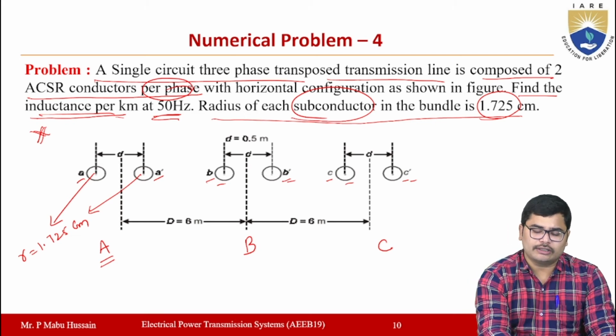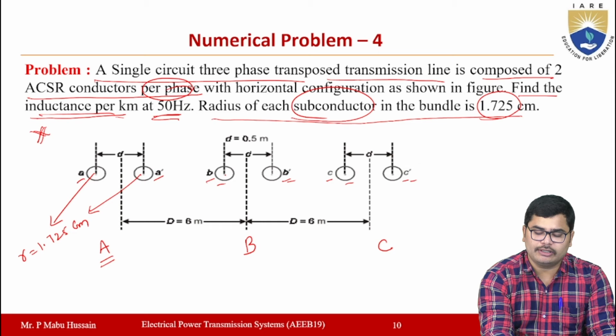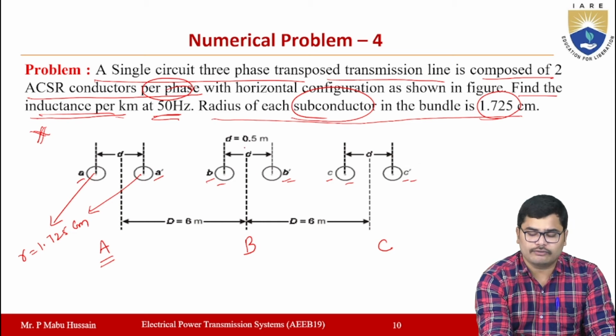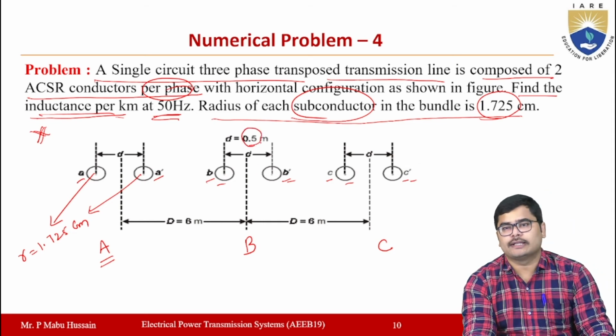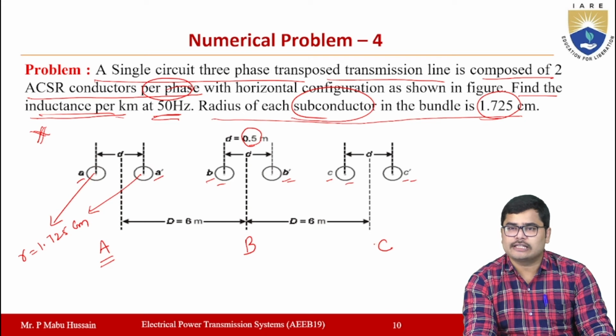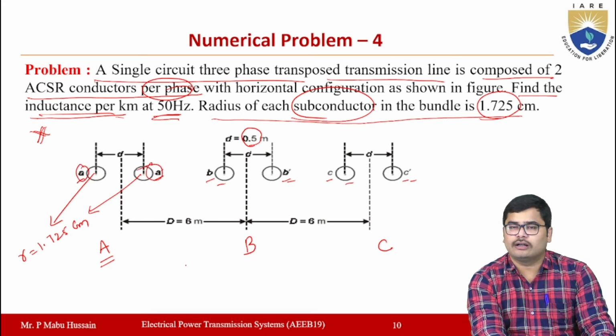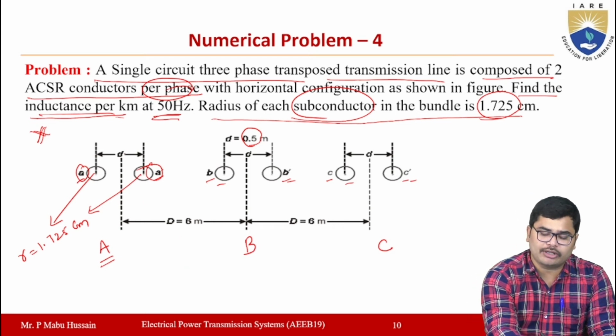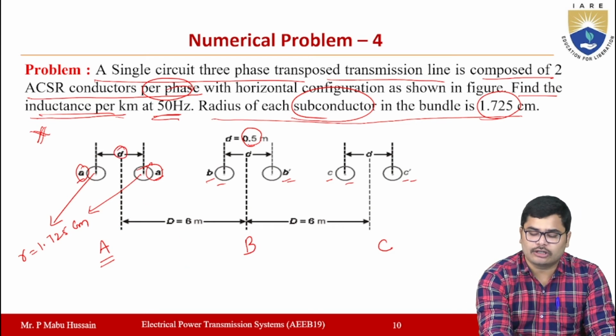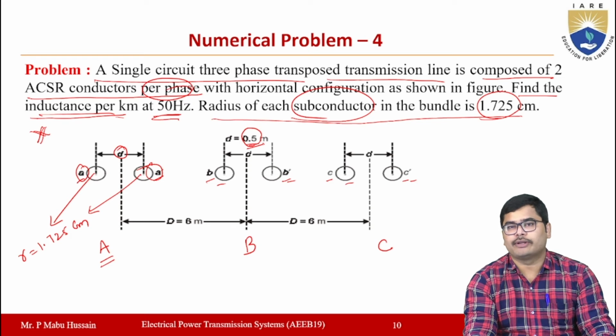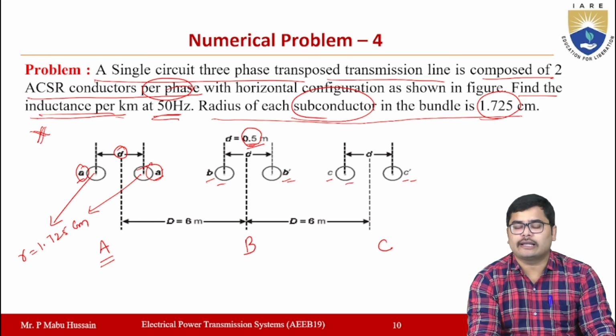They have also given the distance between two subconductors, which is 0.5 meters. In each phase you have two subconductors, and the distance between the two subconductors is represented with a small d, and that d value is also given, which is 0.5 meters.